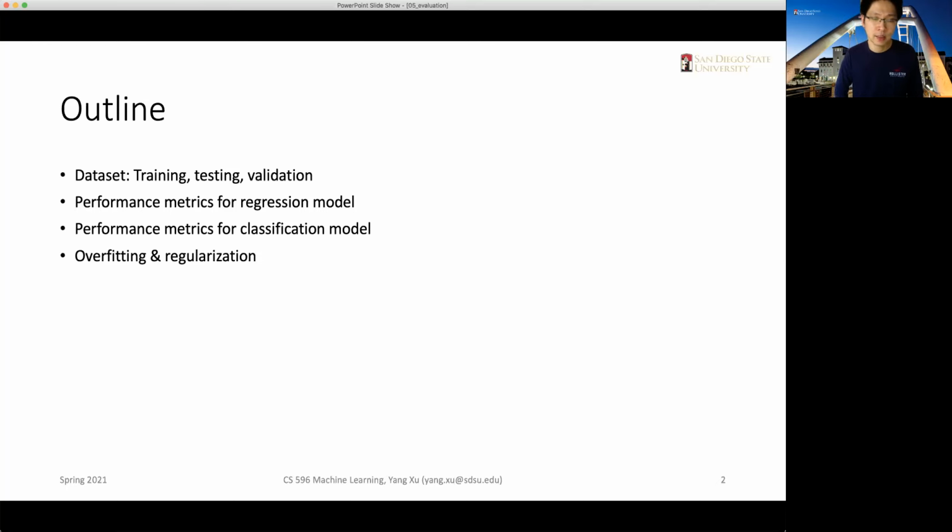And in the last section, we will talk about overfitting and the ways to deal with the overfitting issue, okay? So this is not the first time that we talk about overfitting in this class, because when we introduced the classification models in the first lecture, we showed several different types of decision boundaries, right?